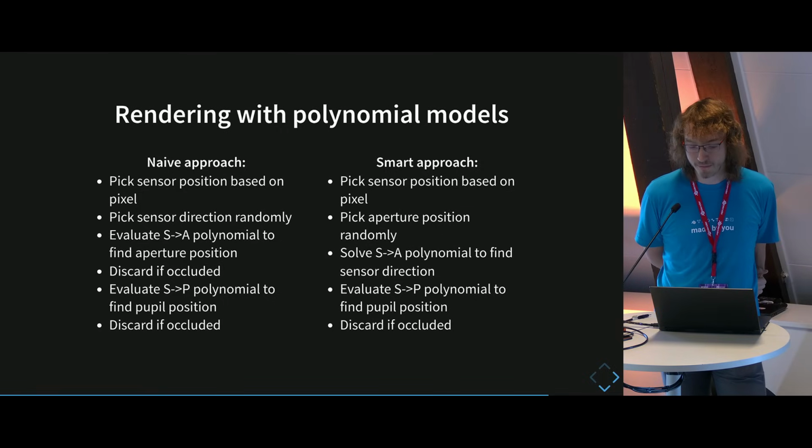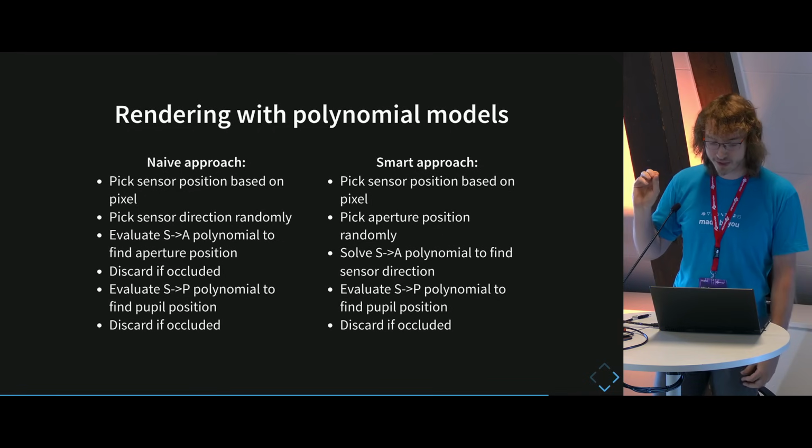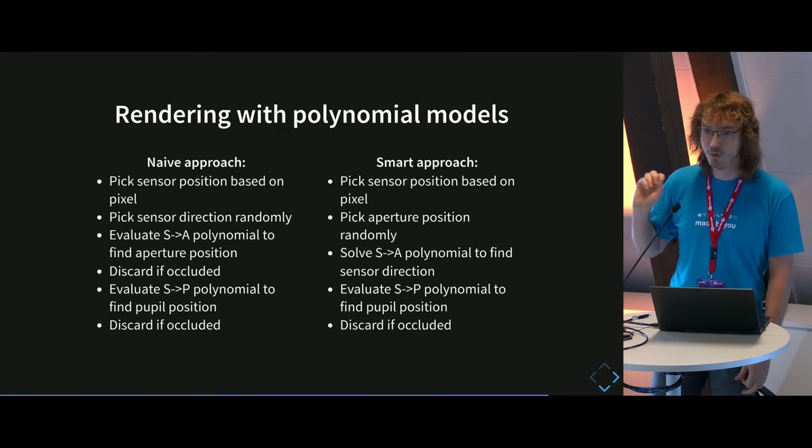But if we do this, we have the same problem that we had before, which is that most of the rays will just not hit the opening in the aperture, and we have a lot of inefficiency. So we can be smarter about this by picking a position on the sensor, picking a known valid position on the aperture, and then working backwards.